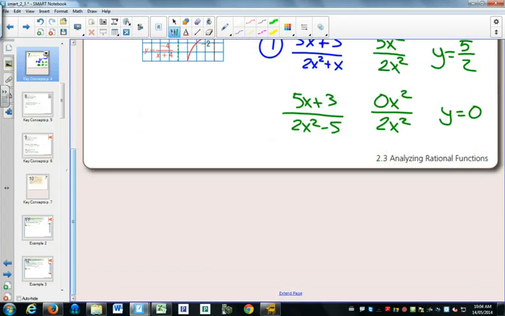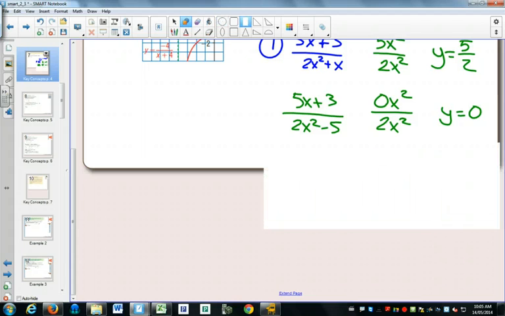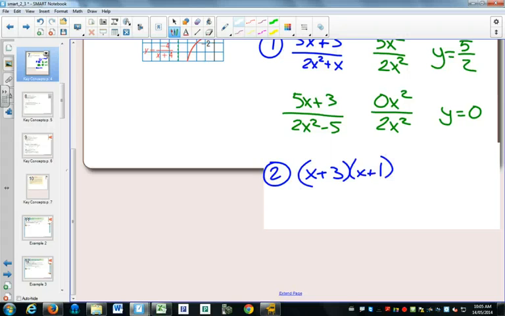The second situation is group 1. In group 1, that's when you have a higher degree on top. So like what we have in our example right now, where it's x plus 3, x plus 1 over x minus 2.